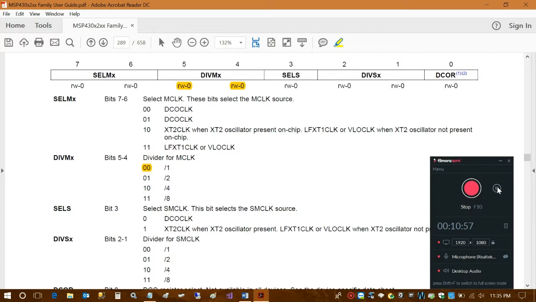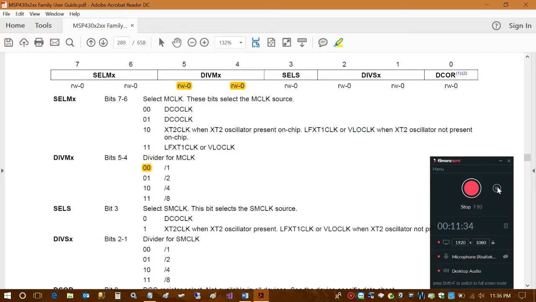the point remains that why should we do a double selection for SMCLK? You had SELMX before in bits 7 and 6 and SELS in bit 3. Now whether you want to select the source from the DCO or from the XT2 or LFXT1 or VLOCLK, the first selection has to be done from the SELS, and then whether you want to select it from LFXT1, VLOCLK or XT2 has to be done from bits 7 and 6.